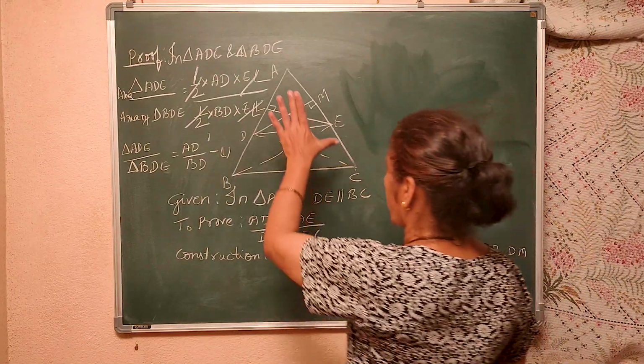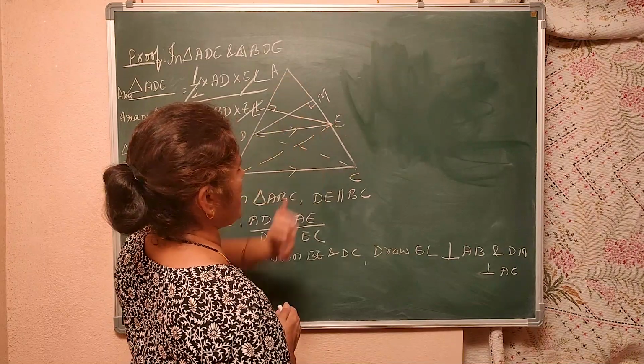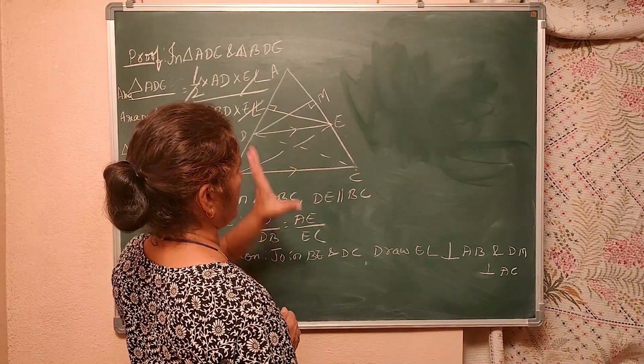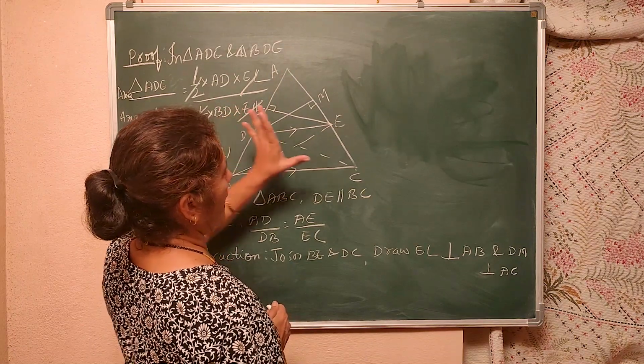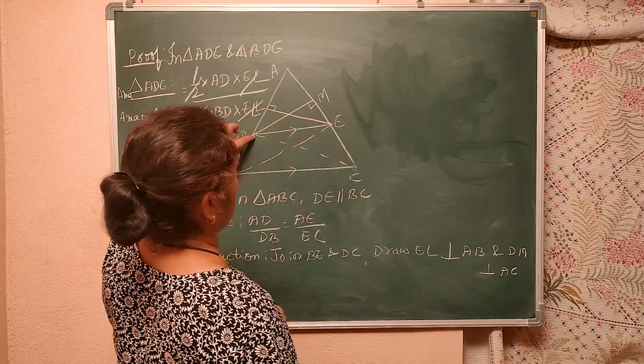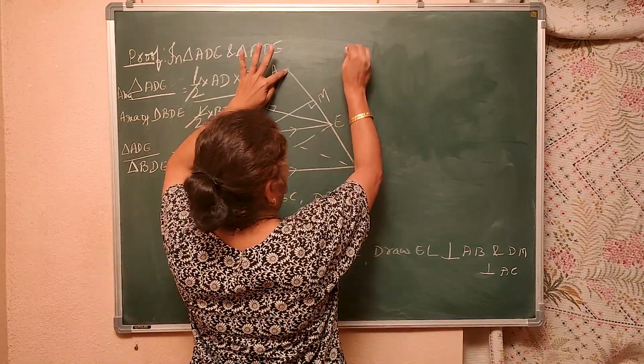In the next step, I take the bases AE and EC. So what are the triangles you have to consider? In triangle AED and triangle ECD, it has to come to the same vertex in triangle.